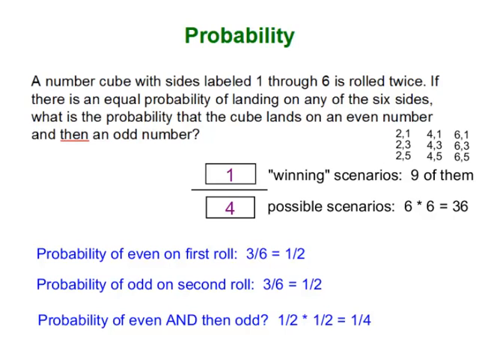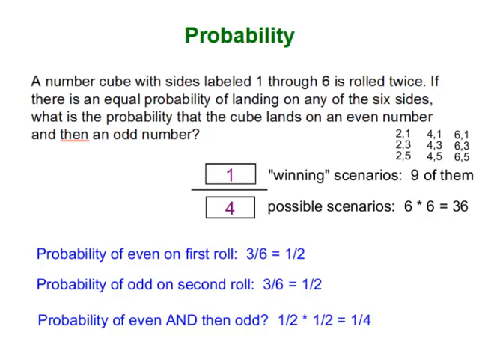Notice another key word in this question. It's not just asking us what's the chance of getting an even and an odd when you roll the die twice. It's specifying the order in which that must happen. And in general, the more restrictive or the more constrained the question is, the lower the probability will be.